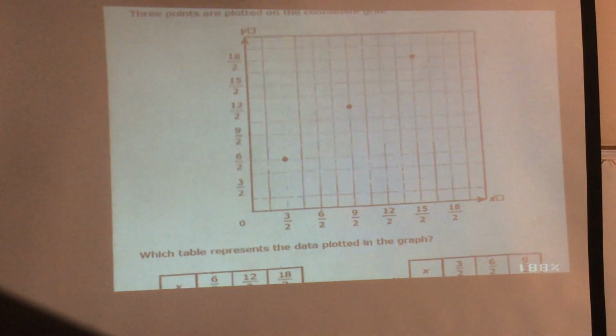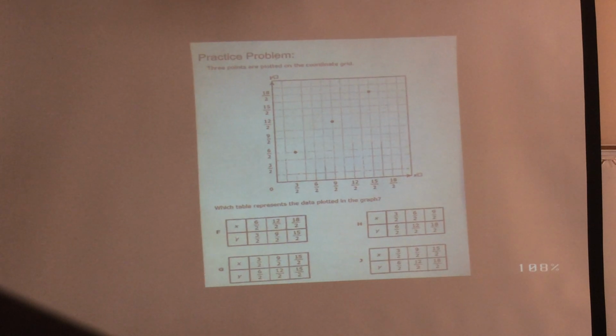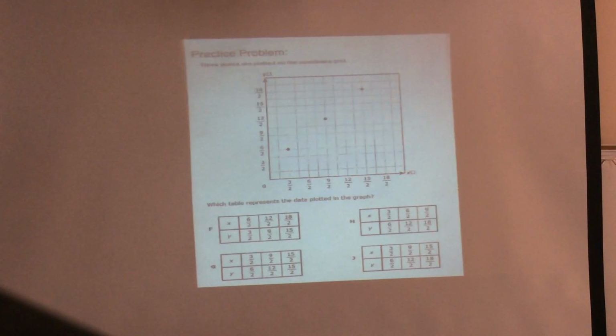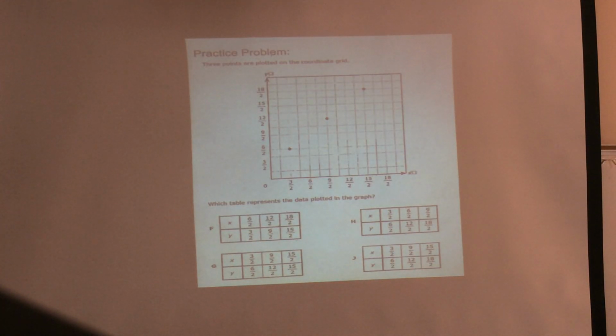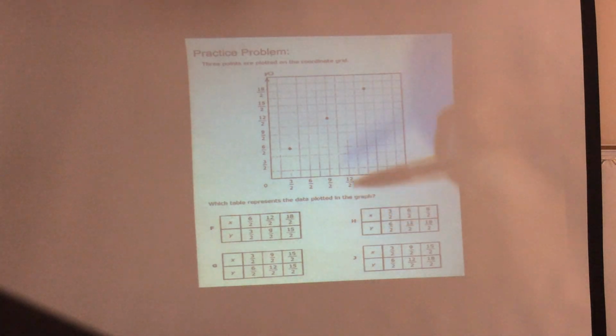We zoom out for this. All right. So it wants to know which table represents the data plotted in the graph. It says 3 points are plotted here. So I'm going to go through there and check each one of them.